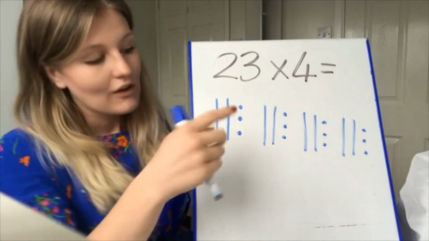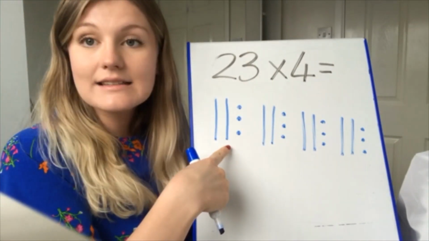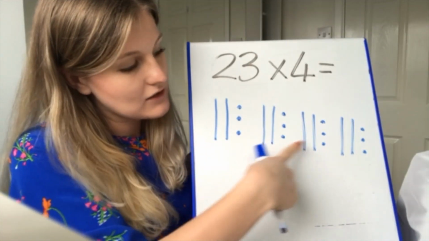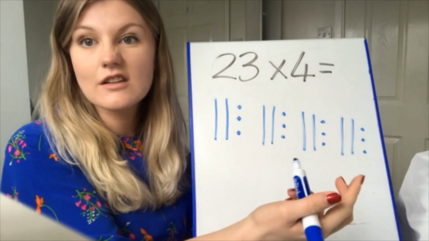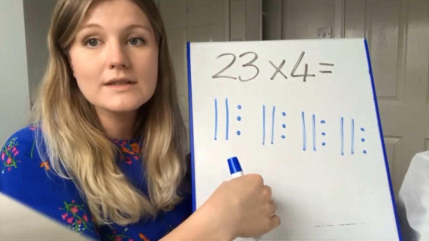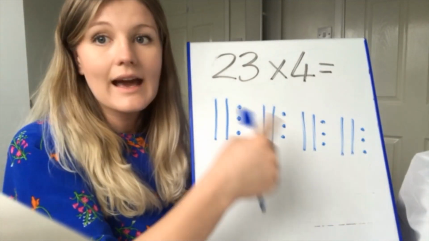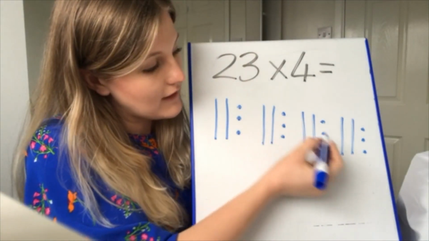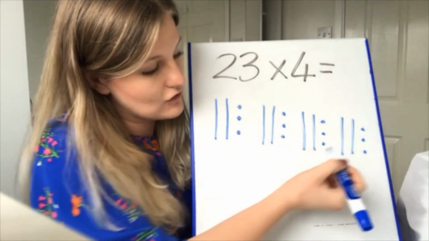Lovely. Then what I did was I added, when I did it with the counters, and I'm going to do exactly the same again, I added 23, add 23, add 23, add 23. Just like the repeated number sentence, I'm going to put them all together, starting with the 1s and then the 10s. So my 1s, I've got 1, 2, 3, 4, 5, 6, 7, 8, 9, 10, 11, 12.